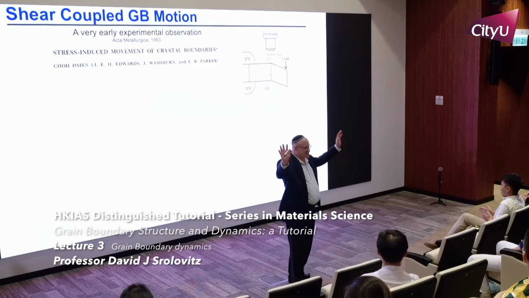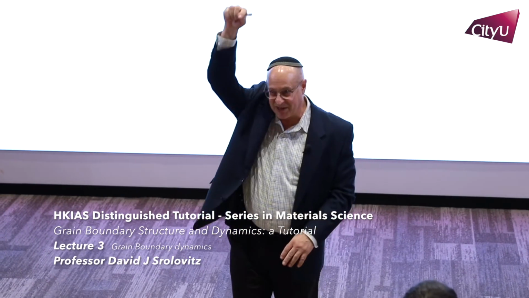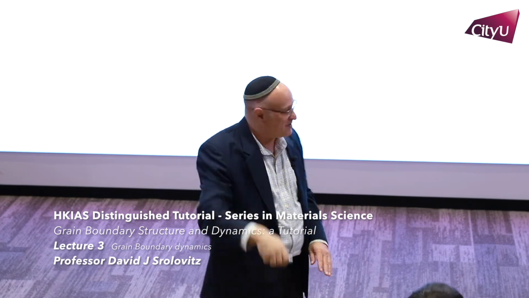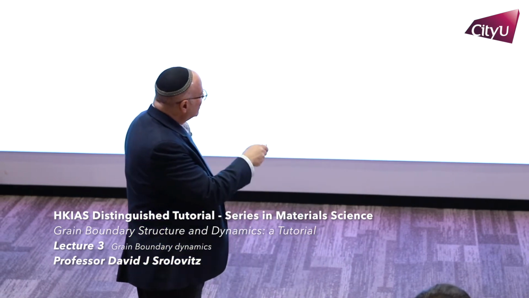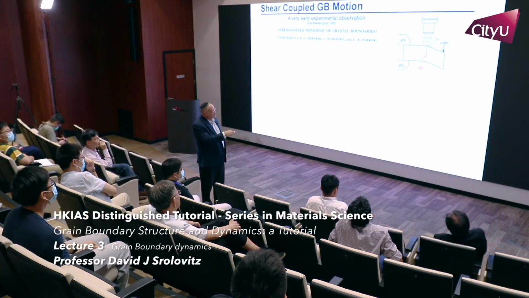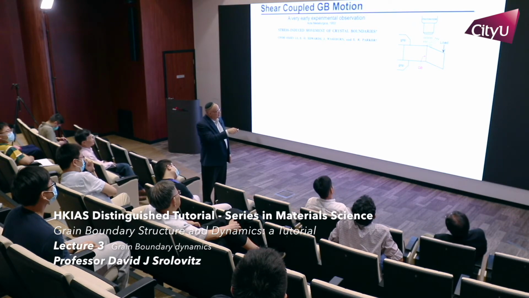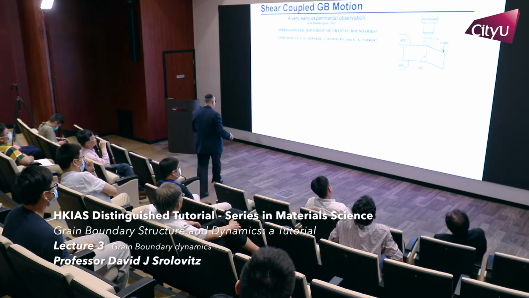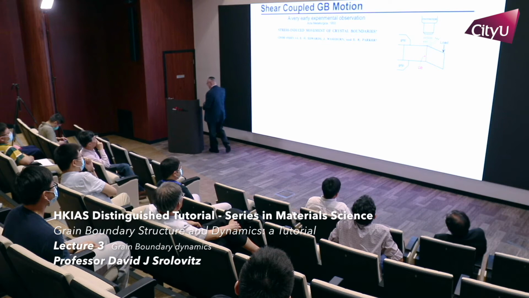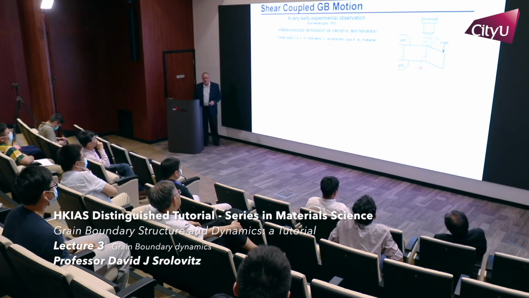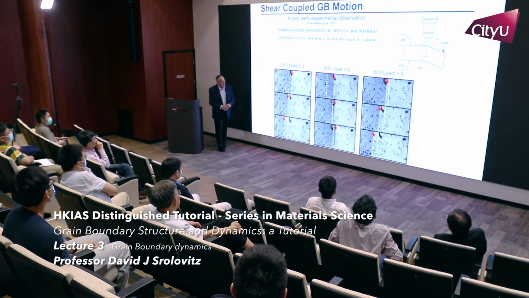They just have a macroscopic bicrystal. They're looking at it with an optical microscope, looking at the reflection of the light from here. And they put on a load here, and when they put on the load, the grain boundary moves. So here are some pictures from the 1953 paper, all optical microscopy.